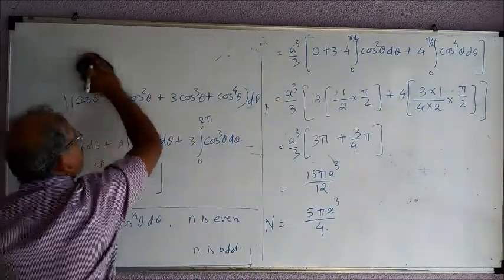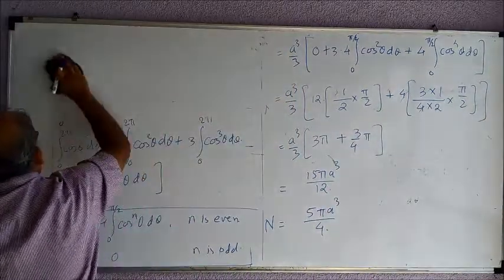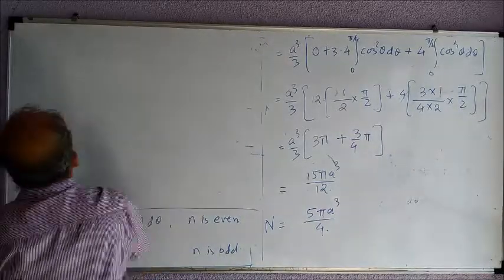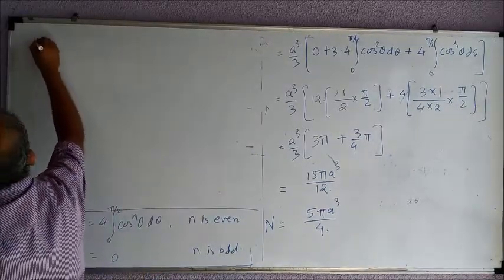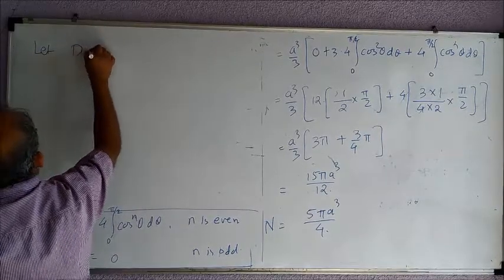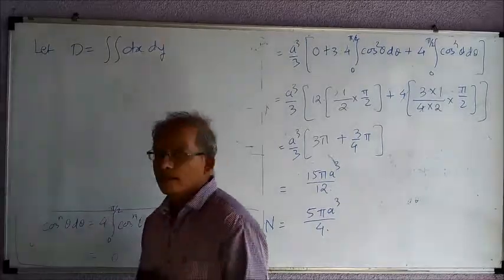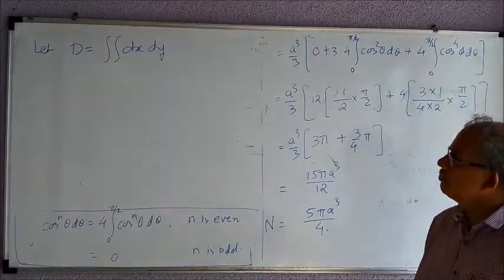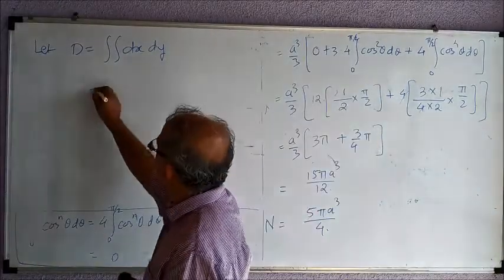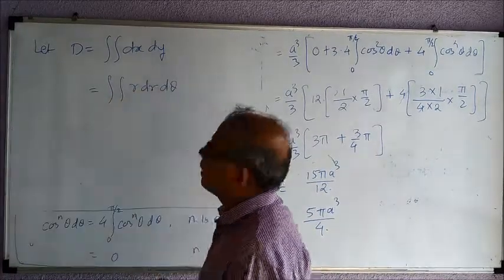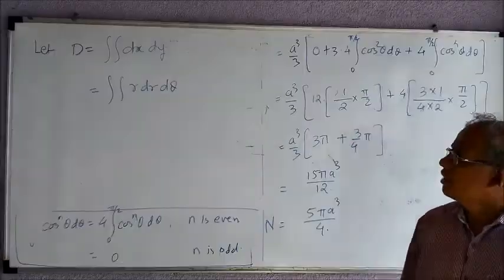Similarly, let b be equal to double integration dx dy. So here b is equal to double integration r dr d theta, and the integration limits are already known.